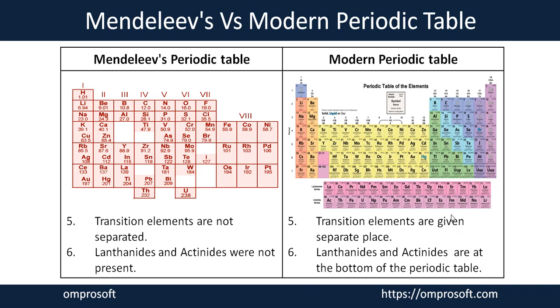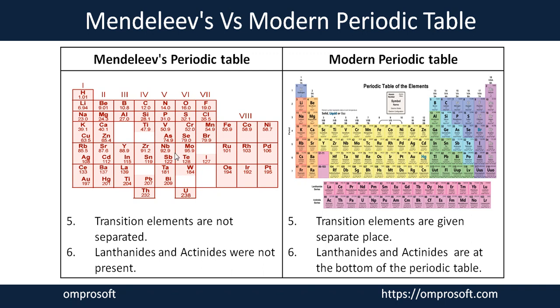So there are some differences between Mendeleev's periodic table and the modern periodic table. The major difference is the arrangement of elements in ascending order of atomic mass according to Mendeleev, but in the modern periodic table the arrangement is according to the ascending order of their atomic number.